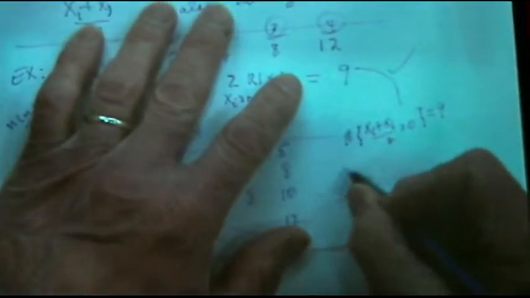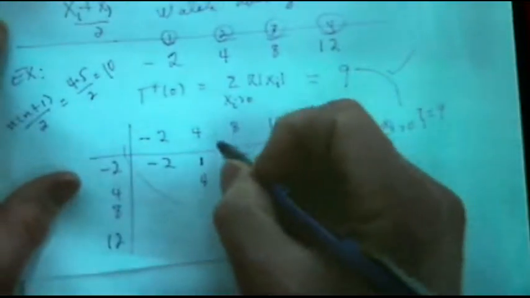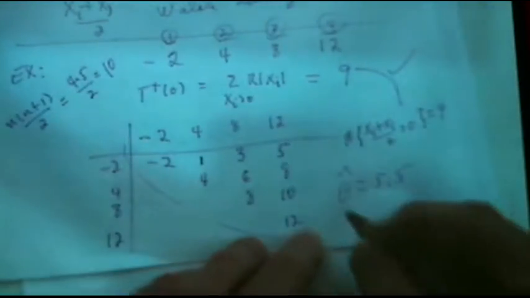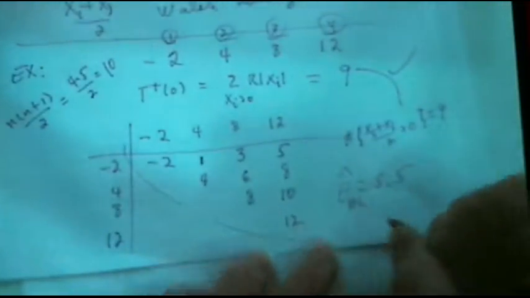So the theta hat. See, the median would be the average of these two, which is 6, right? Well, we should use theta hat for that. Let's just put the HL on the bottom.